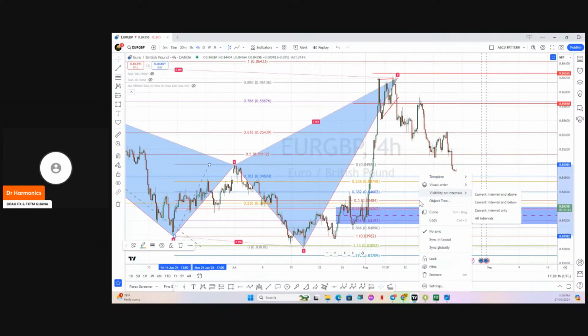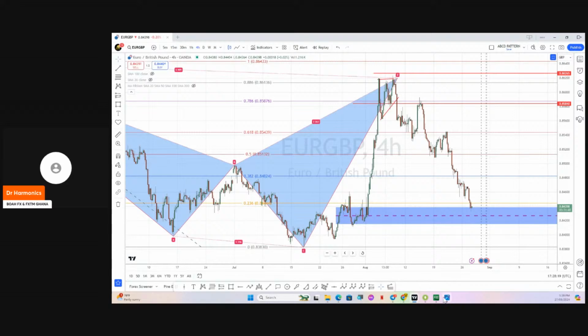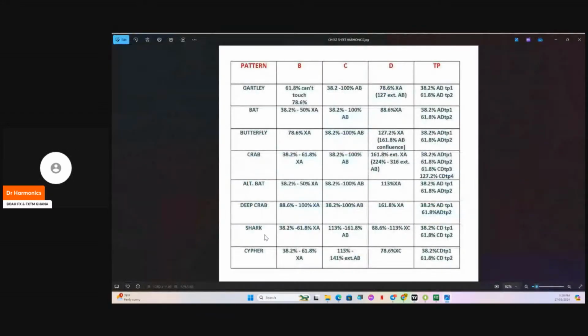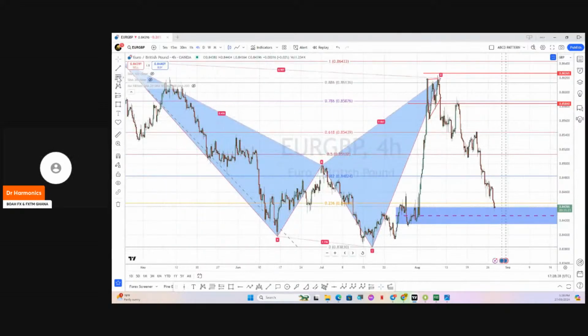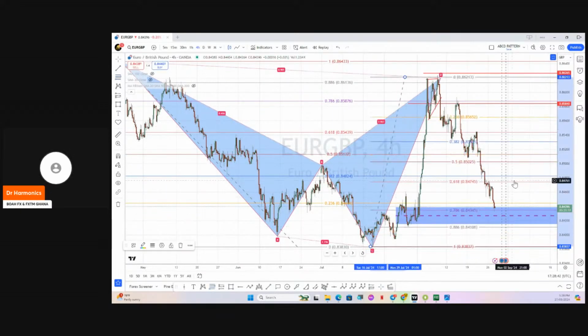When you get the shark pattern, which is 88.6, the first take profit is 38.2 of CD. So you knew that from C to D, 38.2 is your first take profit.